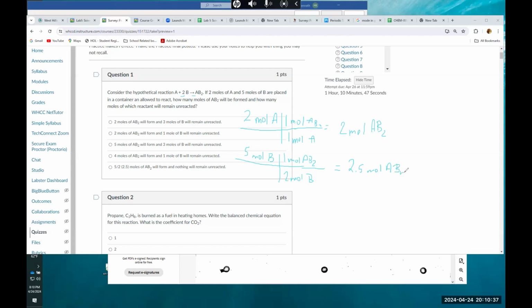Now, if we compare how much we can make if we started off with A to how much if we started off with B, we know that one is limiting. You know that by the one that's going to give you the lowest value.